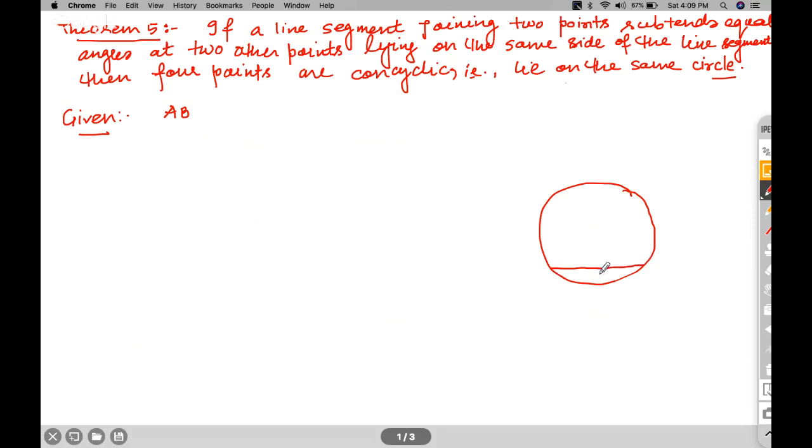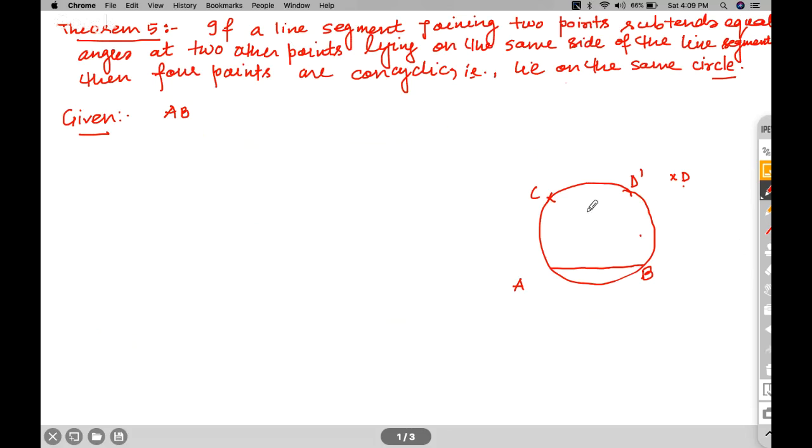Suppose this AB is a line segment and C and D, suppose a point C is here, and the fourth point I am not assuming on the circle. I'll take a different point D dash here and try to prove that these 2 points D and D dash are on the same circle. So D and D dash are coinciding with each other.